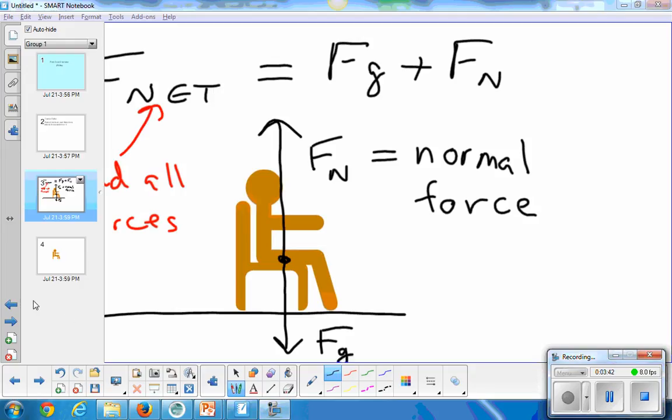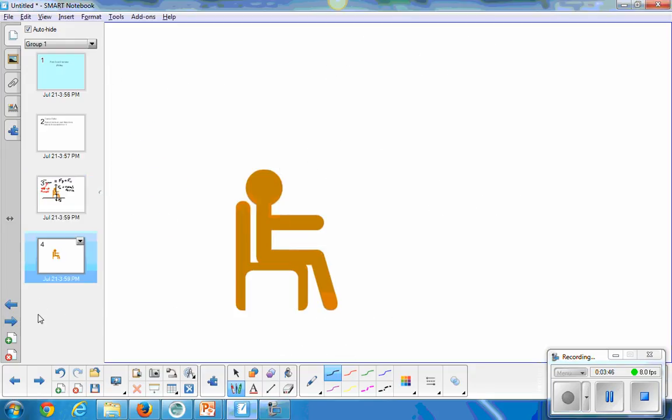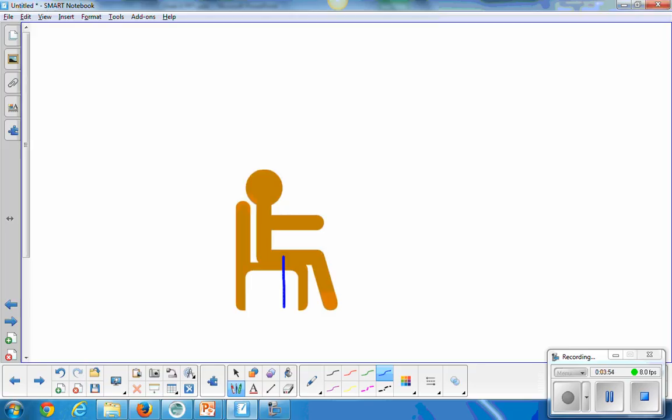So let's put a few numbers on this. I'm going to go ahead and start again with a fresh slide here. So I'm going to indicate that force of gravity. Let's say that I weigh, I don't know, 1,000 newtons, let's say, pushing downward.